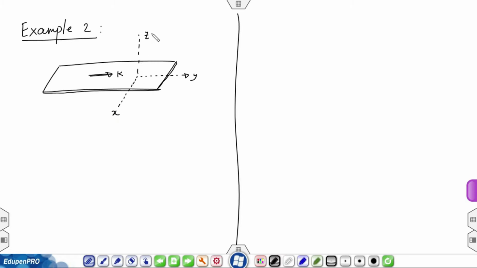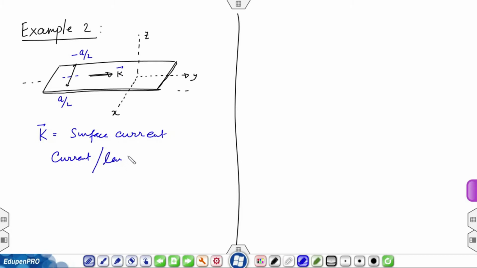The strip is in the xy plane from minus infinity to plus infinity, and in the x direction it extends from minus a by 2 to a by 2. K is a vector quantity. This is surface current. So, this is defined as current per unit length.